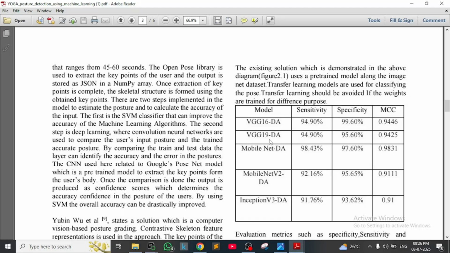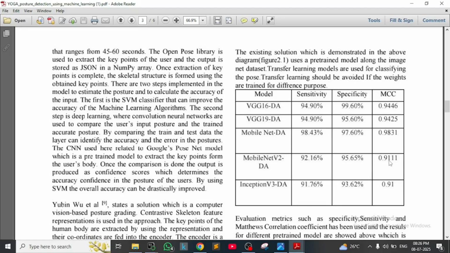For VGG19 DA, 94.90% sensitivity and specificity is 95.60 and MCC is 0.9425. For MobileNet DA sensitivity is 98.43%, specificity is 97.60%, and MCC is 0.9831.